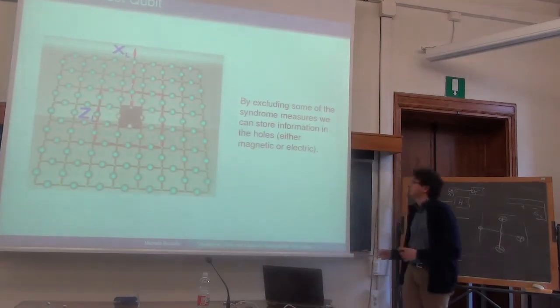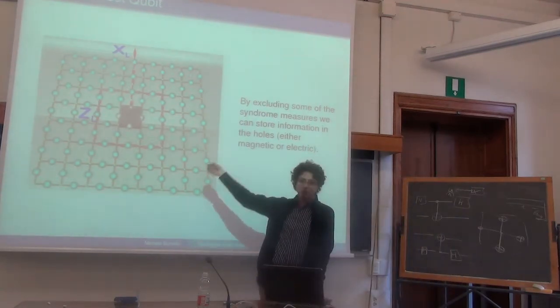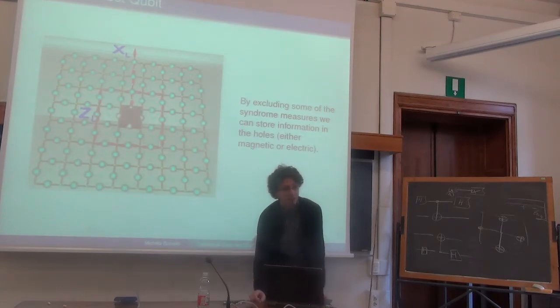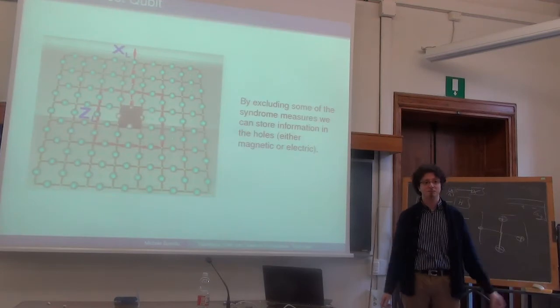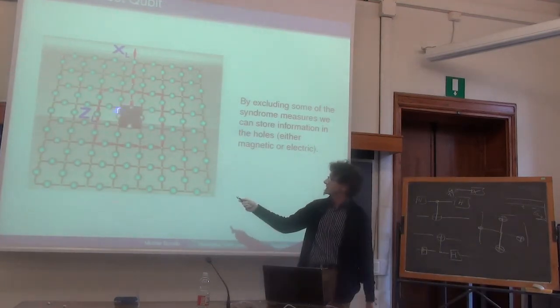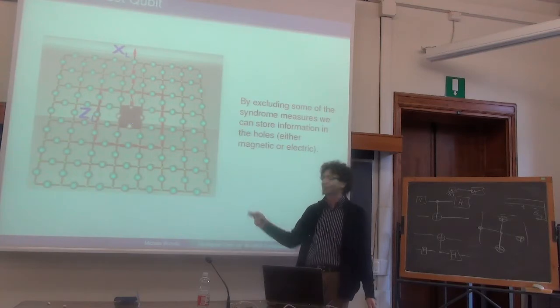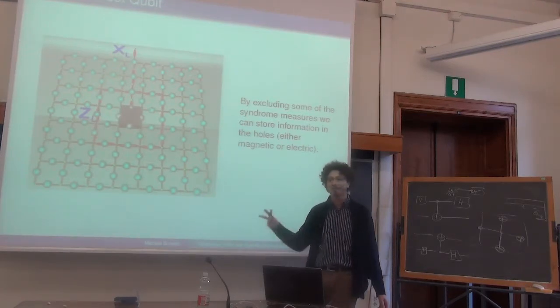But still, we were saying, now, what does it mean to create a hole in the system? To create a hole in the system is just not to measure some of the stabilizers in my Hamiltonian. So I can start to measure, for example, this stabilizer, and you see that in this case here I can either have a magnetic flux or not having it, and I do not detect it anymore as an error, but as some logical state.